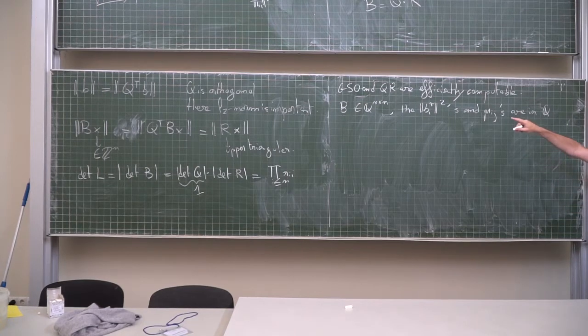And now QR. QR may involve non-rational numbers, because in particular R11 is a square root, it's a norm. But it doesn't matter because they capture the same information. So if I want to store QR, I can just compute the GSO. So I was cheating a little bit when I said that QR is simpler, because to actually store QR, you may want to store the GSO.